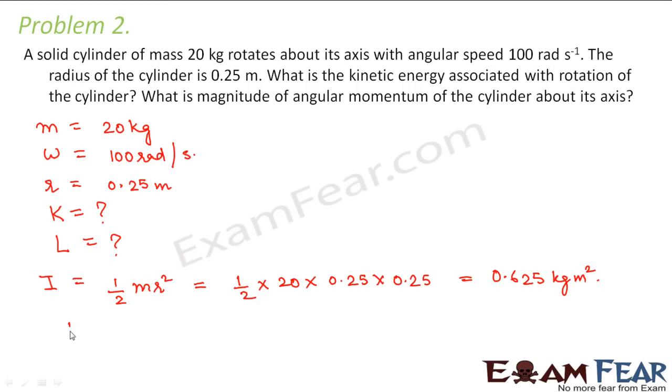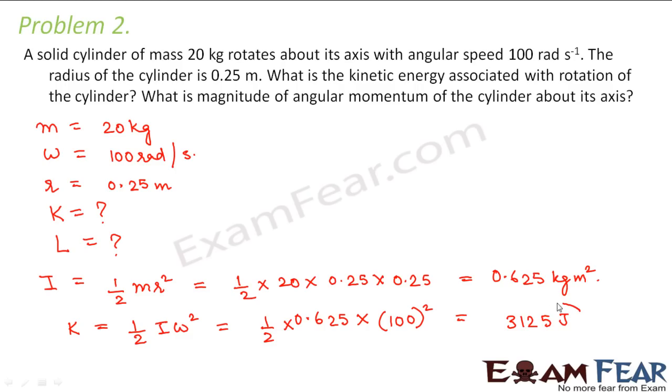Now kinetic energy is equal to half I omega square, that is half into 0.625 into omega square. Omega is 100 radians per second, so this is squared. This is equal to 3125 joules. So this is the kinetic energy associated with the rotation of the cylinder.